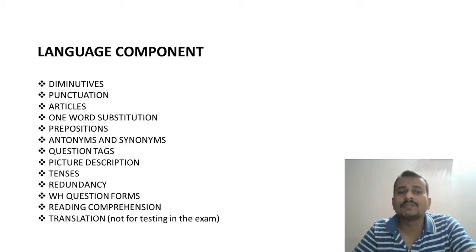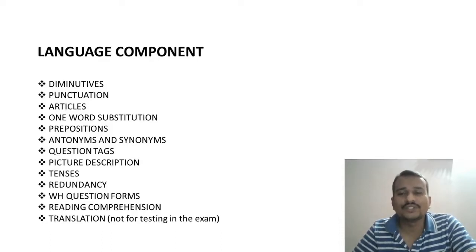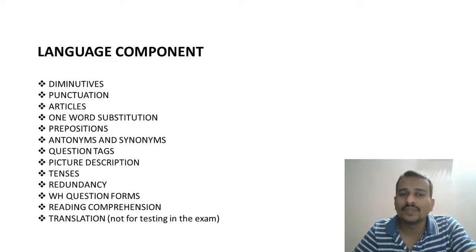The second one here is punctuation. Punctuation has come from the Latin word punctum, that is, pause. As we speak with lots of pauses and stops to make our utterances meaningful, we have to use punctuation marks to make our writing meaningful. Hence, we study punctuation.